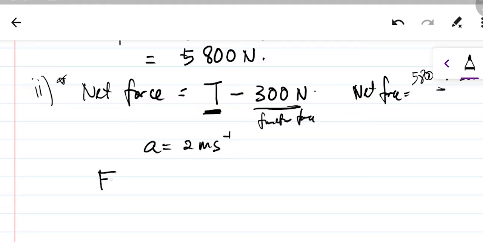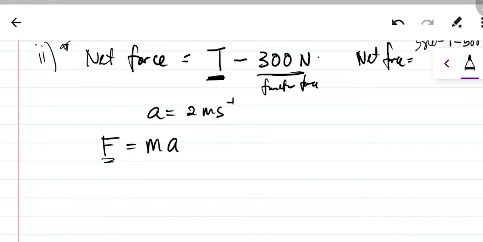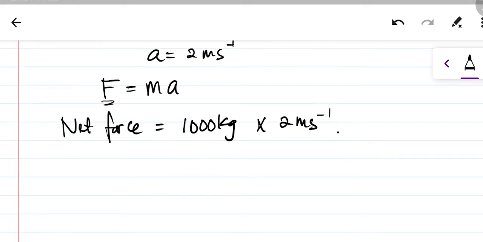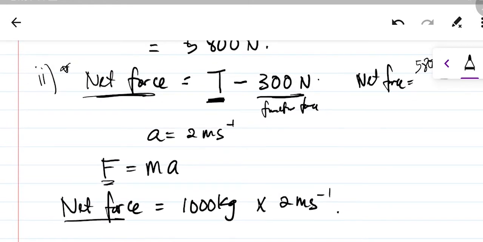We still use the same formula: net force equals mass times acceleration. The mass of the caravan is 1000 kg, and the acceleration is 2 meters per second squared. Now, net force is actually equal to this.